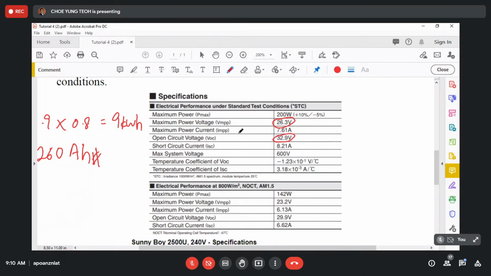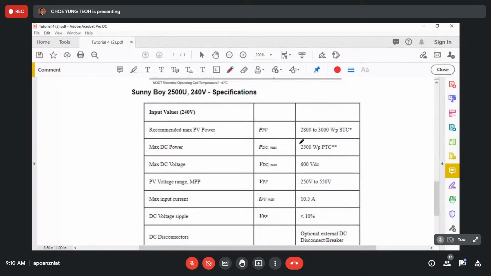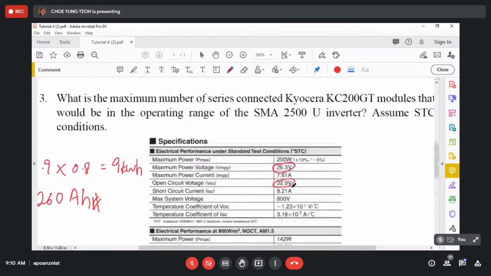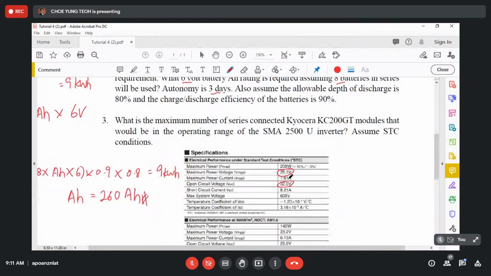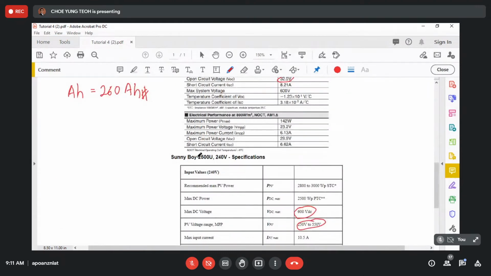Then for this inverter, looking at its specification, the maximum DC voltage is 600 volt, and the PV voltage range is from 250 to 550. The question asks for the maximum. That doesn't mean it must be within the operating range.